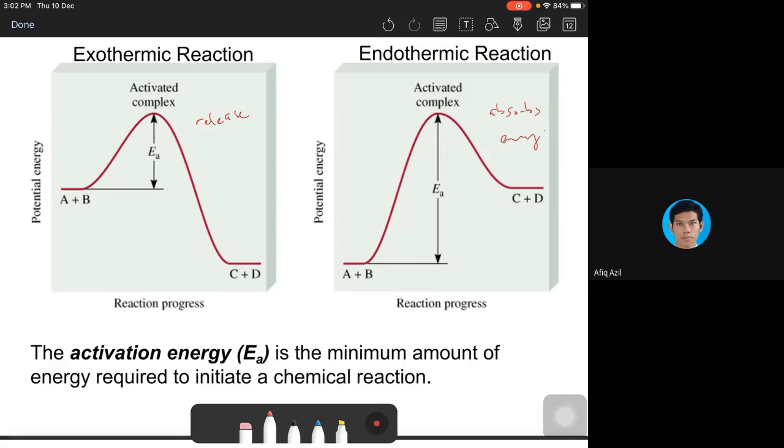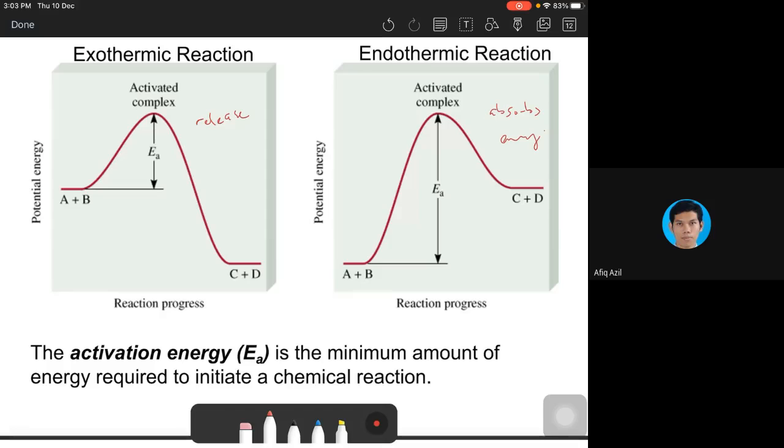For example, the reaction requires you to have the reaction in an ice bath, meaning that the reaction has to be done at very low temperature, probably around 10 degrees Celsius. That means the product will release quite a lot of heat. So we can say that that is exothermic.